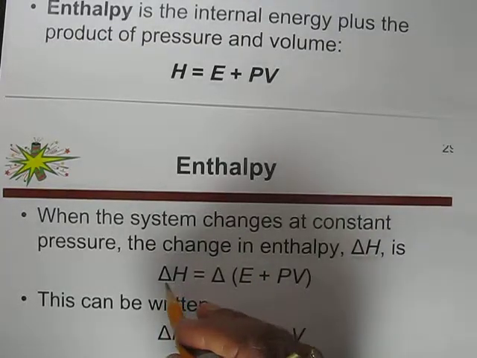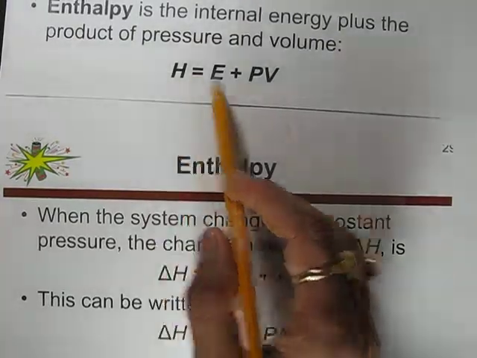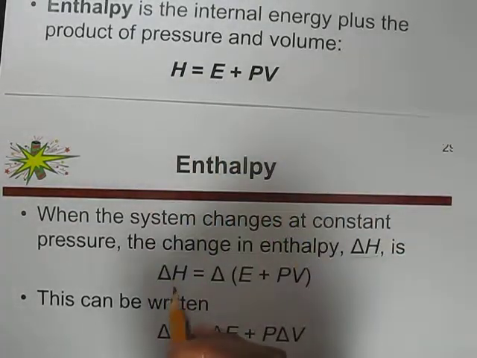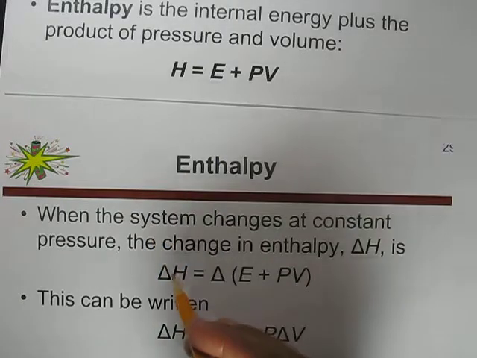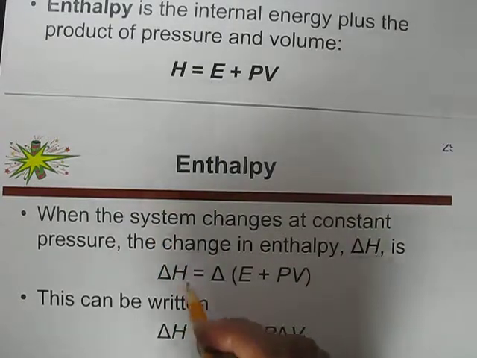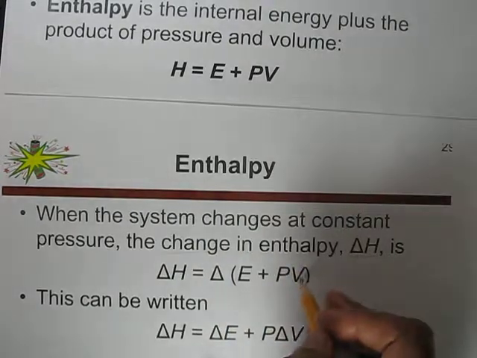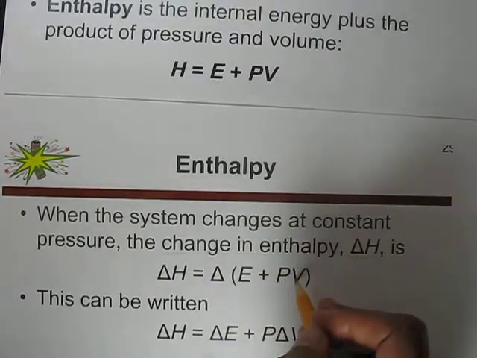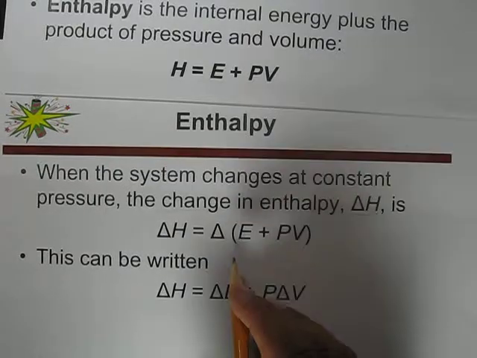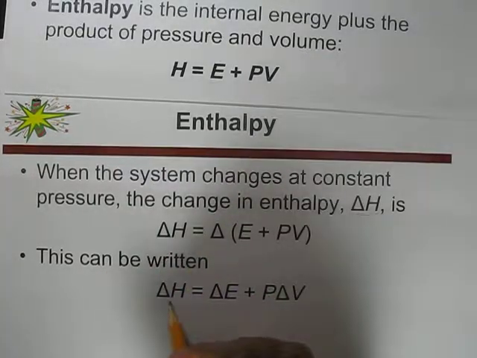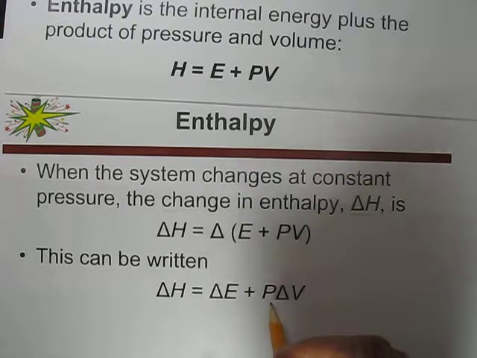We can write the same equation, H is equal to E plus PV, with the change in enthalpy, which is delta H is equal to delta of E plus PV. And when we open this parenthesis, this can be written as delta H is equal to delta E plus P delta V.